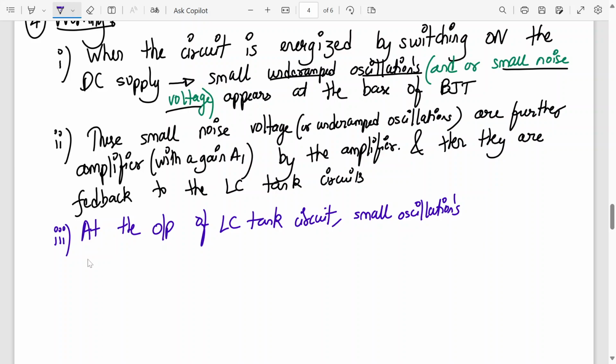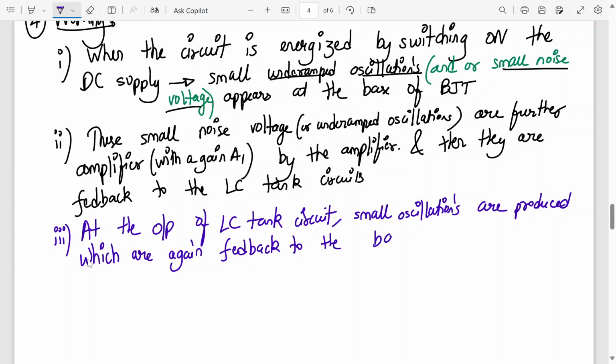Small oscillations are produced which are again fed back to the base of BJT and are amplified again. So these oscillations are fed back and they are amplified again.